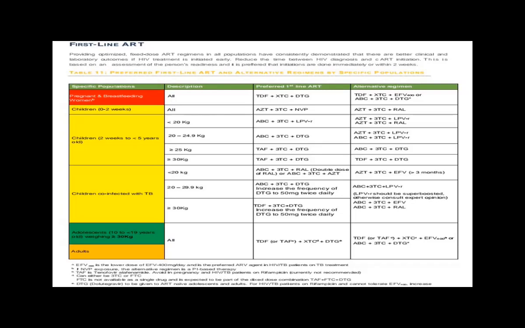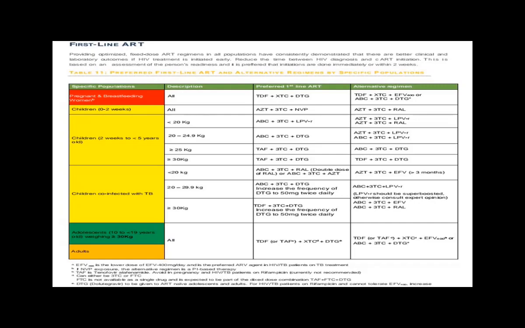And for children 0 to 2 weeks, we can give zidovudine plus lamivudine plus nevirapine as the preferred first-line ART. And then for children between 2 weeks to less than 5 years old, and weighing less than 20 kg, we can give abacavir plus lamivudine plus lopinavir ritonavir.